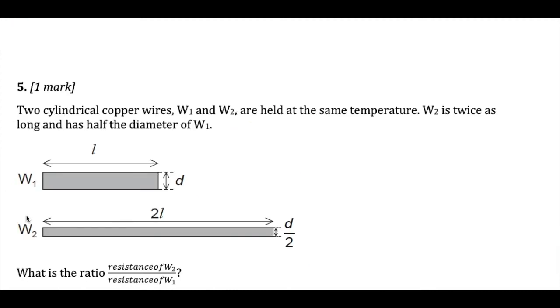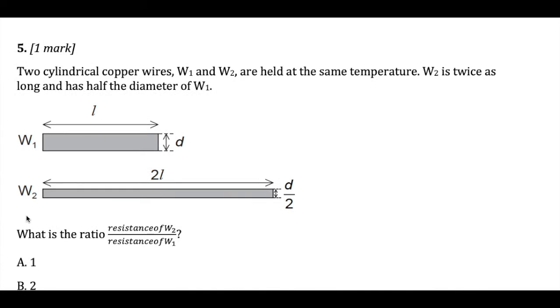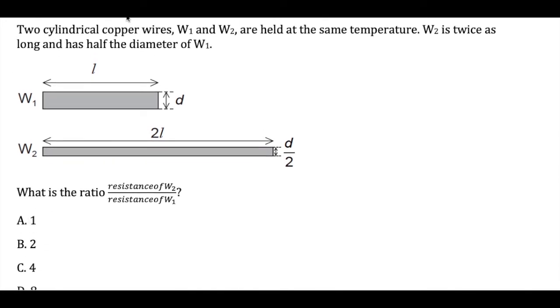Now we want to find the resistance of W2 over W1. So since they're made of the same material, they're both copper, I'm going to ignore the rho. We know this is double L. Now because the length is doubled, W2 is automatically going to be twice the resistance.